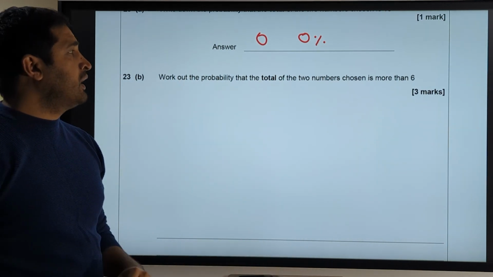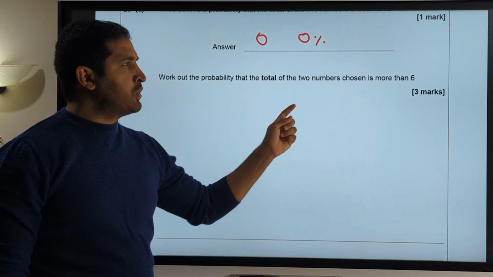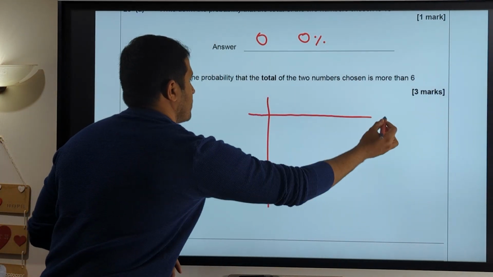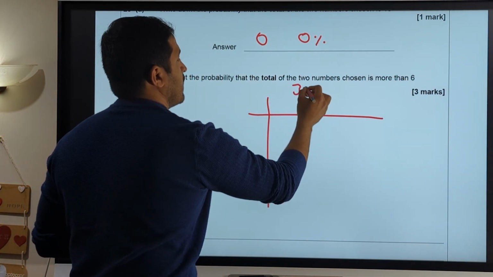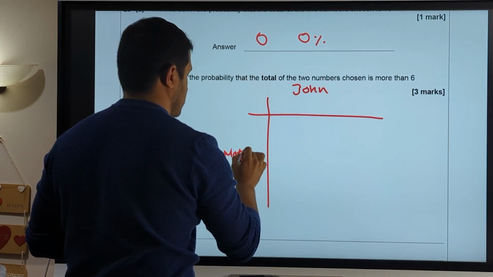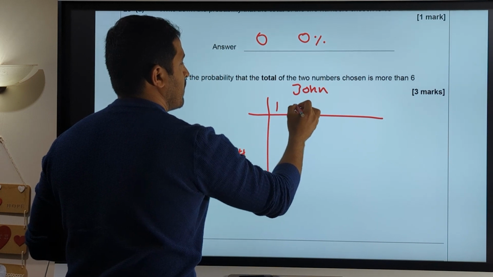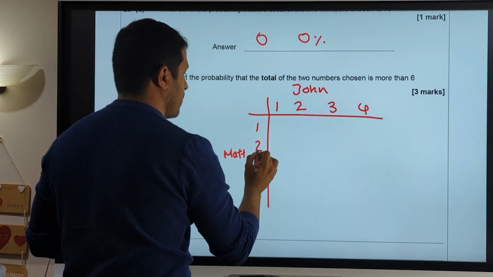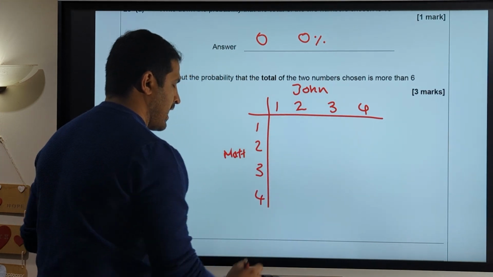Work out the probability that the total of the 2 numbers chosen is more than 6. This is where we need to draw a sample space diagram. You're going to look at John's number and Matt's number. John uses 1 to 4, so 1, 2, 3, 4. And Matt uses 1 to 4, so 1, 2, 3, and 4.